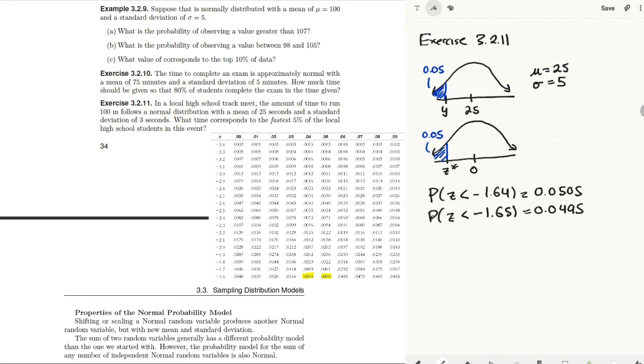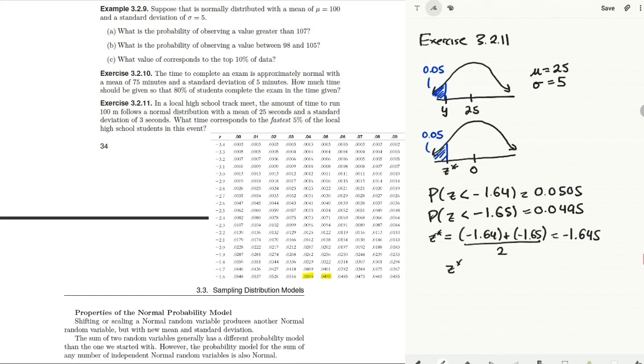So notice that 0.05 falls right in between these two areas, and so we will average the two z-scores to find z star. So negative 1.64 plus negative 1.65 all over 2 is negative 1.645.